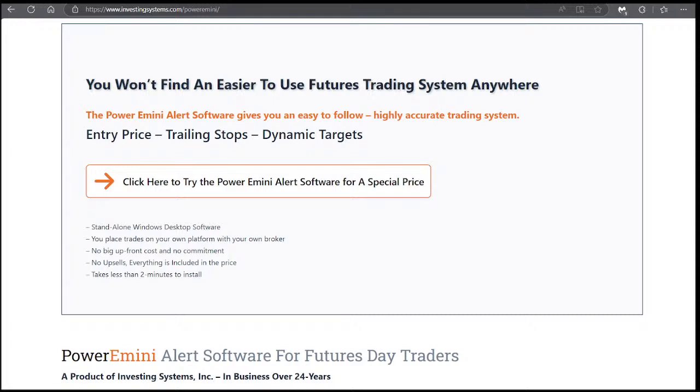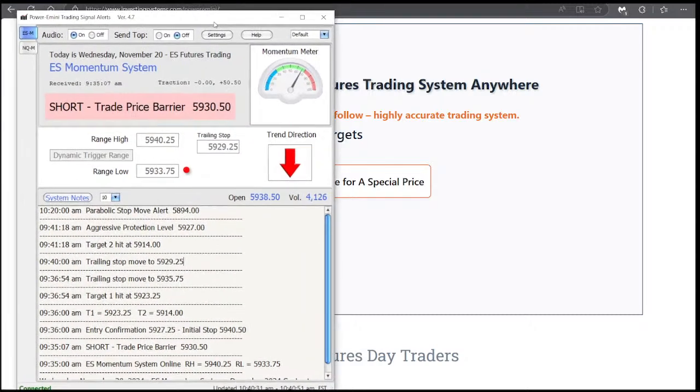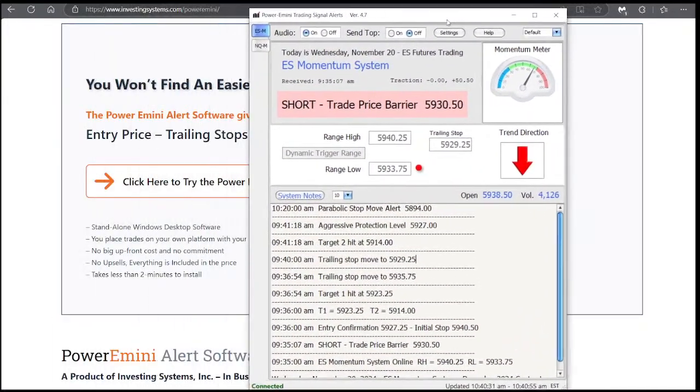I'm a software guy, right? Investing Systems has been in the trading software business for 20 something years now. You won't find a better futures trading system anywhere, so I encourage you, get yourself a copy of this software, right?